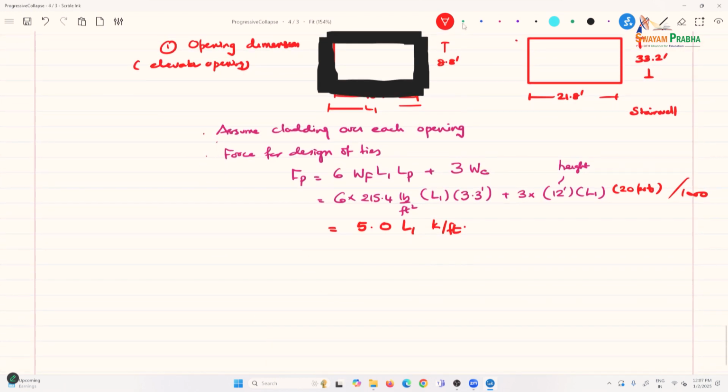And AST is Fp by 0.75, multiplied by Lp. This is the total area over 3.3 feet.